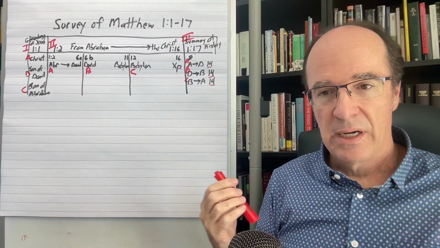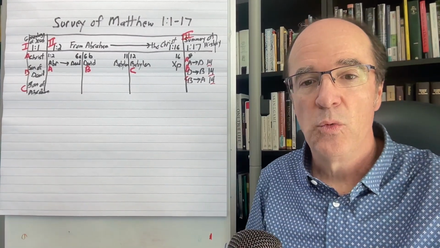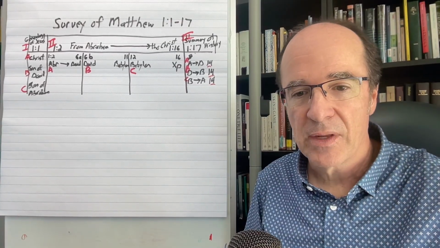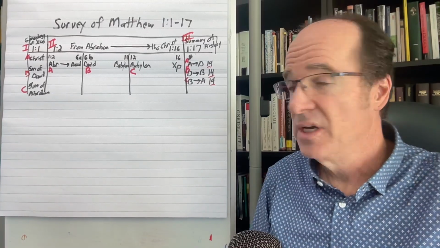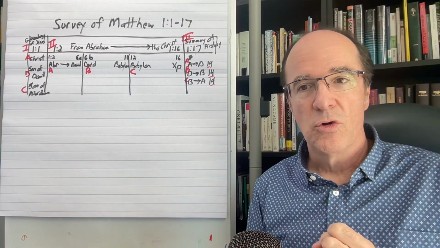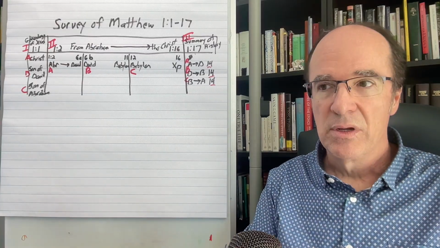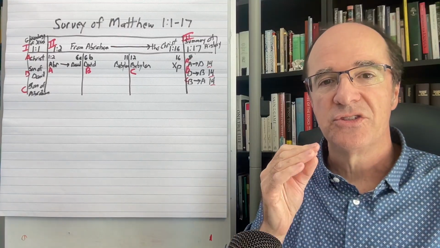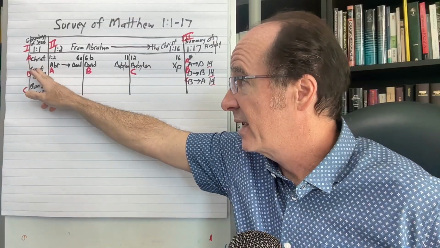So when you do a survey, you want to have the main units and subunits, and then you want to look for structures that connect or work within your main units. Now, what's important when you're learning inductive Bible study is you're not going to literally list out every single structure that you might find, but what you want to discern are what structures connect your unit.